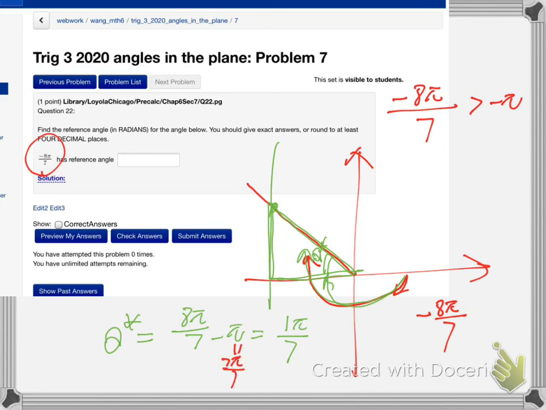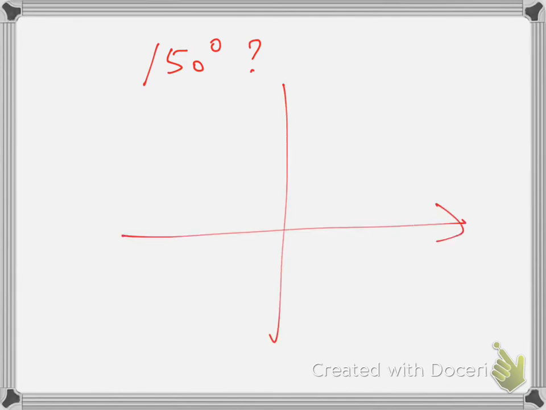Now let's look at two more examples, and let's use degree measure. What's the reference angle of 150 degrees? First you draw the 150, which is in the second quadrant.